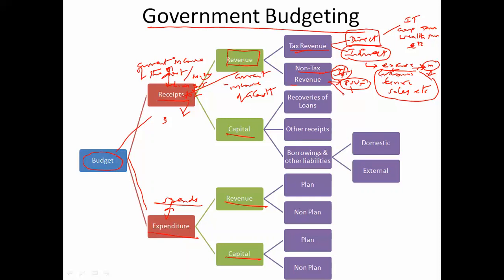And government may also get external assistance. This will be in the form of gift or loan donations, etc. So in this revenue also, government is under no obligation to pay it back. So the external assistance is also in the form of donations or gifts.